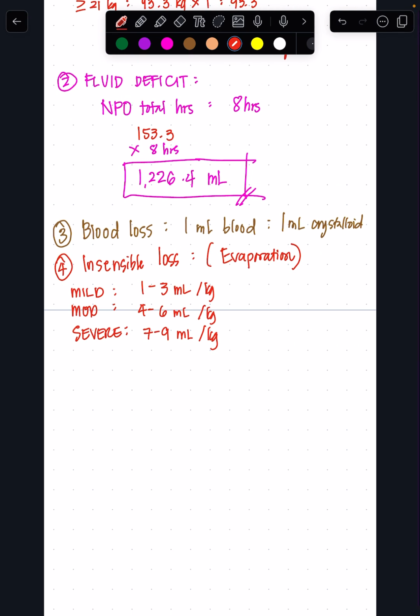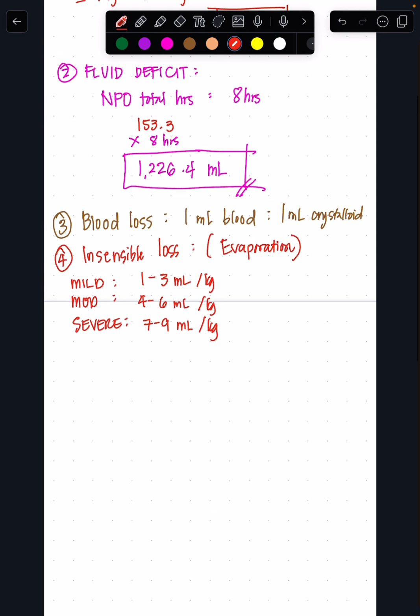So now that we know all of this stuff, we can calculate for insensible loss. For example, our patient has a laparoscopic bariatric surgery, which is gastric bypass.